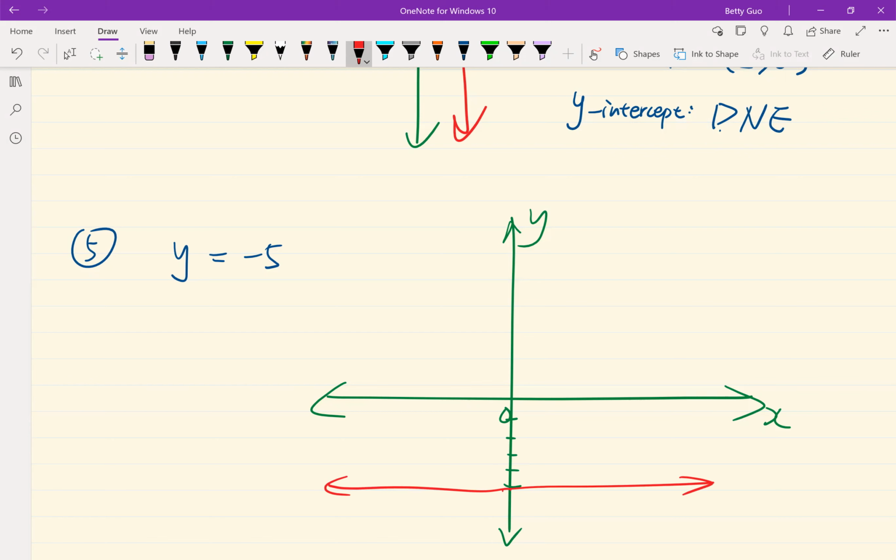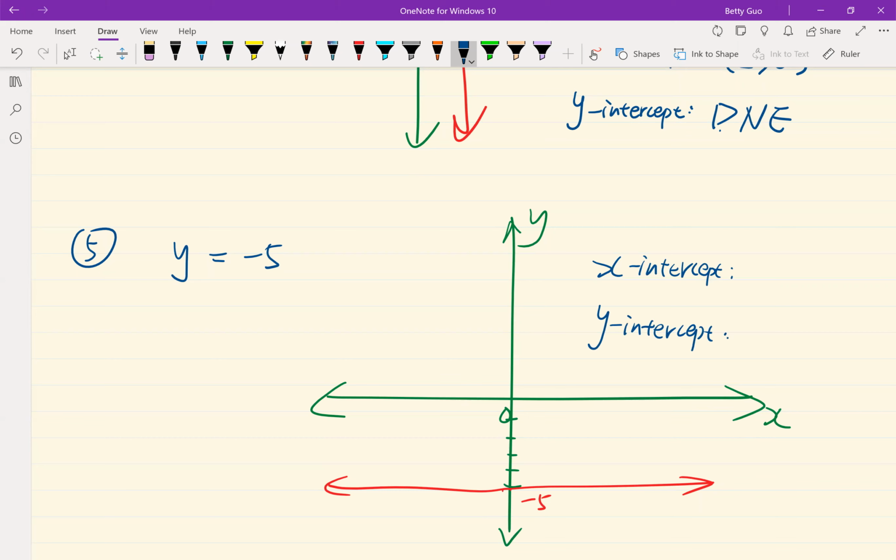Y equals -5 is a horizontal straight line. I want you to help me find an x-intercept and a y-intercept for this horizontal straight line.